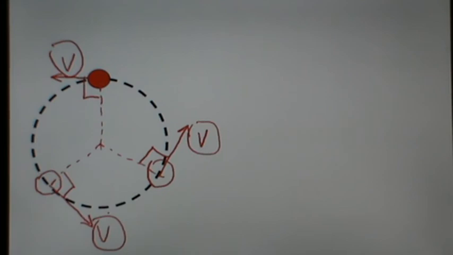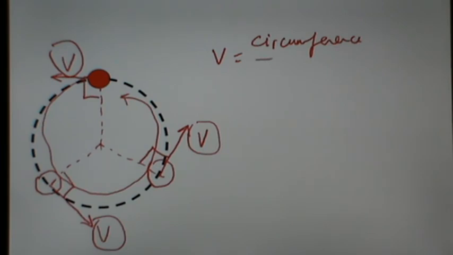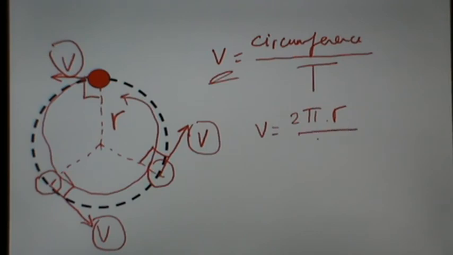So now let's find the value of the linear velocity v. We can just calculate that the velocity v is the circumference of the circle divided by the period of the motion. So here v will be the circumference, that is 2 times pi times the radius r, divided by the period.